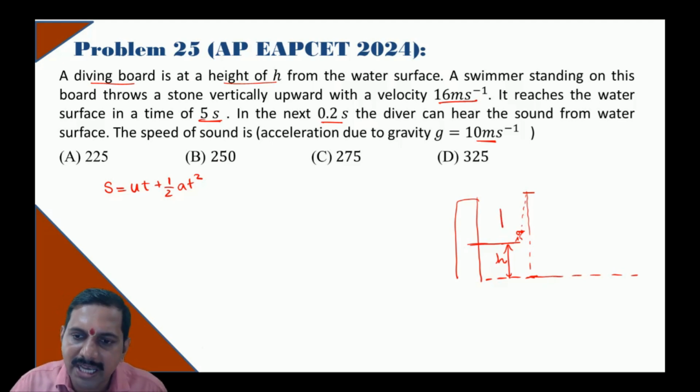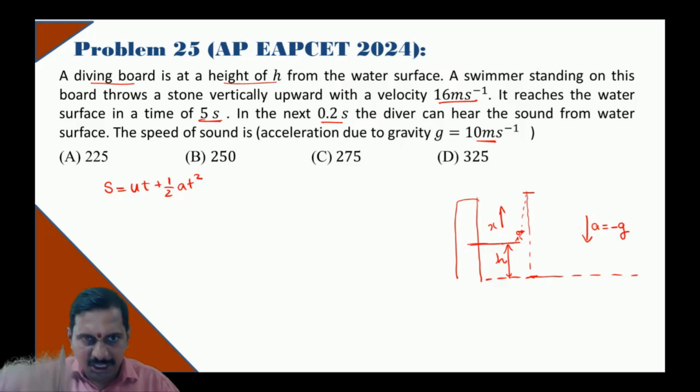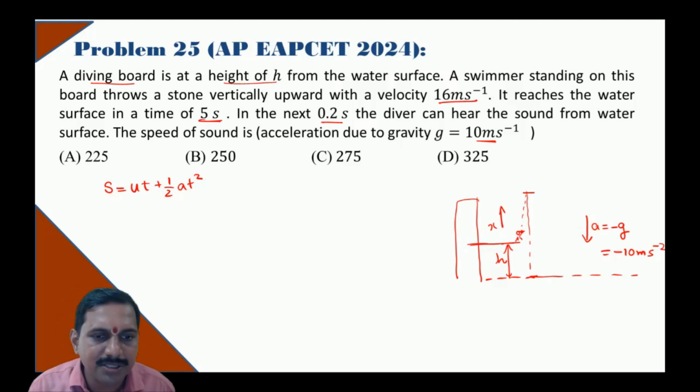We will take this upward direction as the positive x. Let us take acceleration due to gravity a equal to minus g. Why? Because up is positive, g is negative, and g is equal to 10 meters per second squared. I'm very sorry students, second square, sometimes we make very small mistakes.